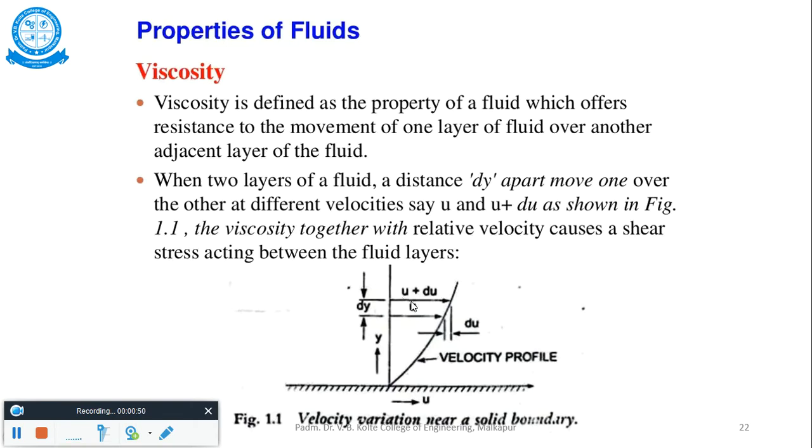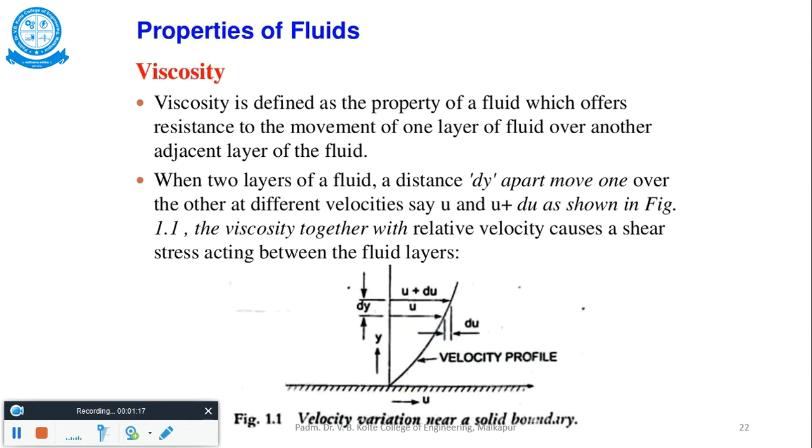The distance between the layers is dy. There will be a change in the velocity du, and this curve is called the velocity profile. y is the distance of the first layer from the surface, and u is the velocity of the fluid. This figure shows velocity variation near a solid boundary.